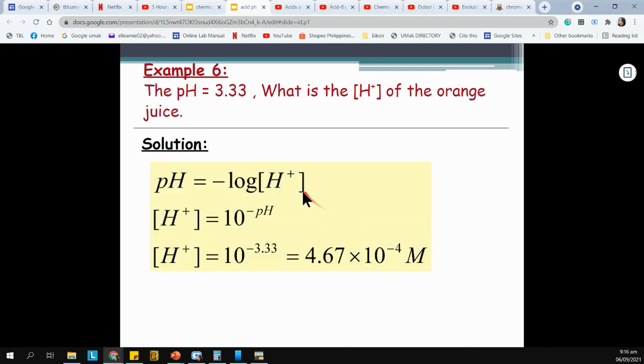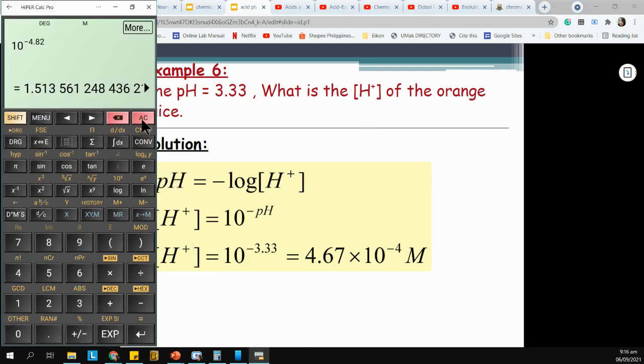Yan. So here naman, if it's 3.3, what will be the hydrogen concentration of orange? Okay? So ganun ulit. So inverse log, negative 3.33.